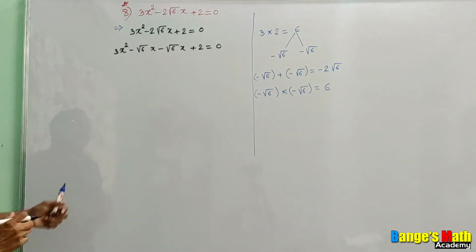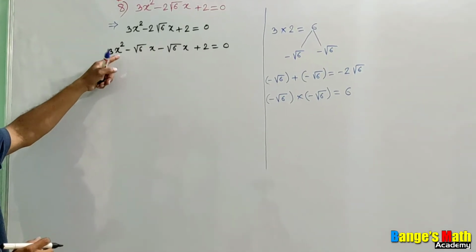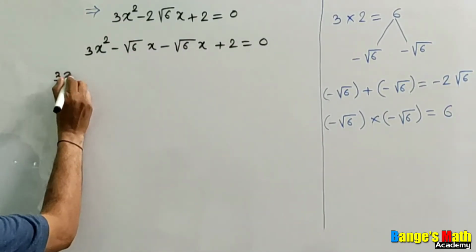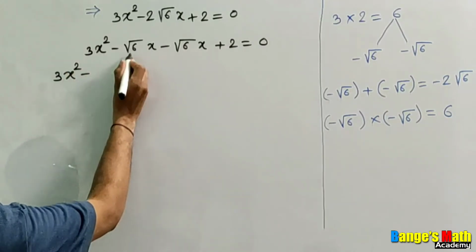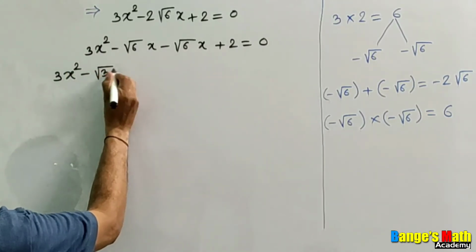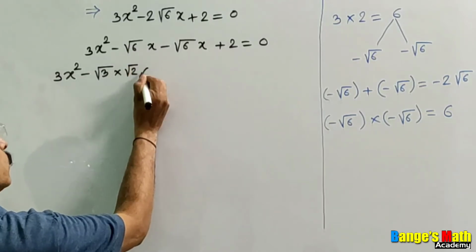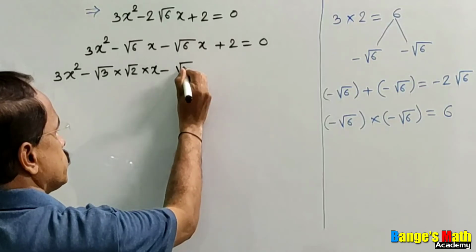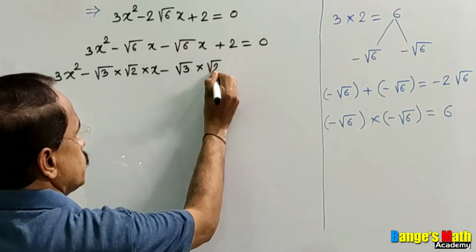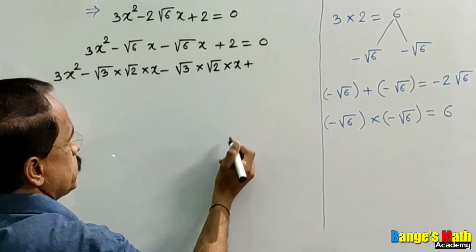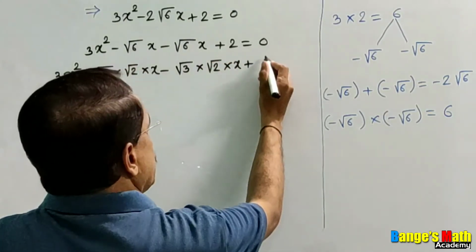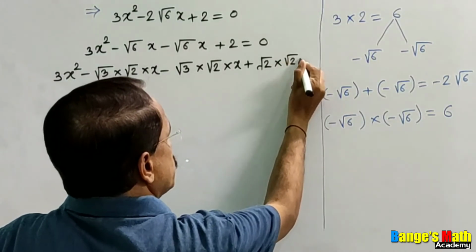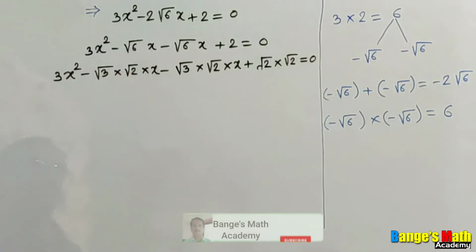Then from this we can split this term in this way. 3x square minus root 6 can be written as root 3 into root 2 into x, minus this root 6 we can write as root 3 into root 2 into x, plus this 2 we can write as root 2 into root 2 is equal to 0.